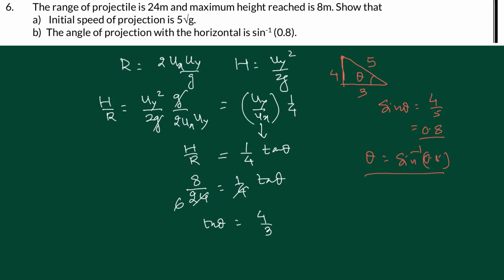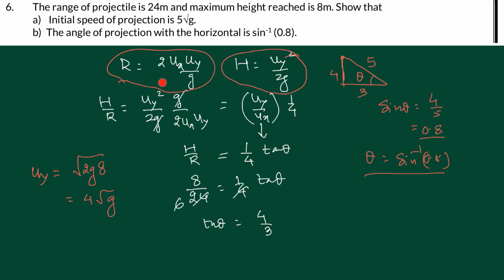So you know tan theta, range and height. So from this equation, if you substitute value, how much is uy equal to? Under root 2g, h is 8, so equal to 4 root g, and then use this one to find ux.